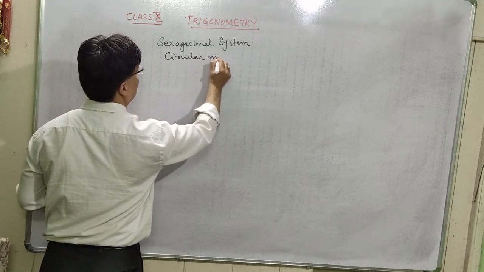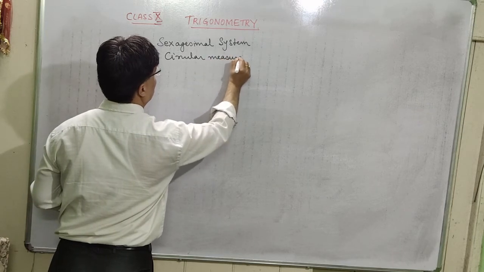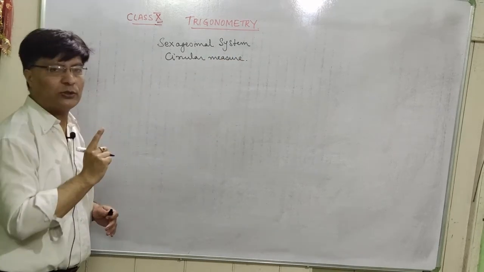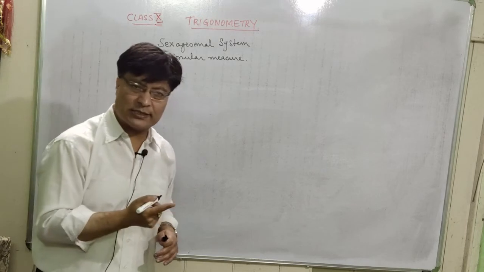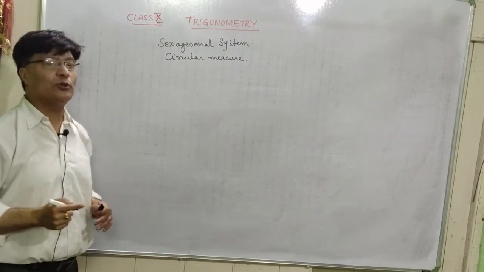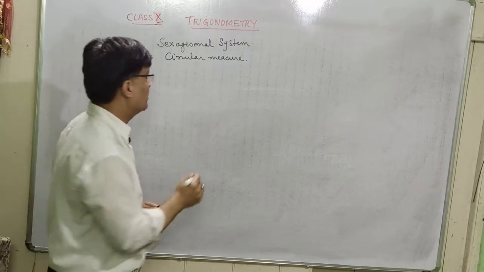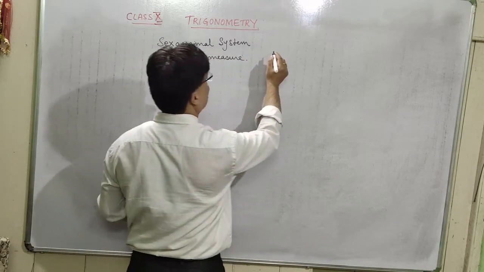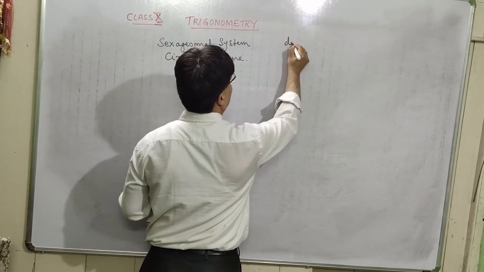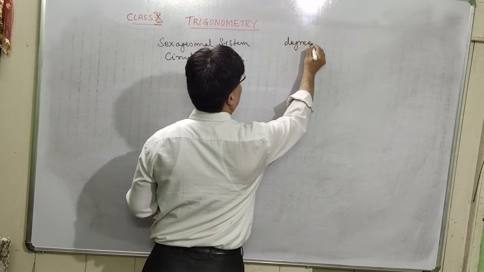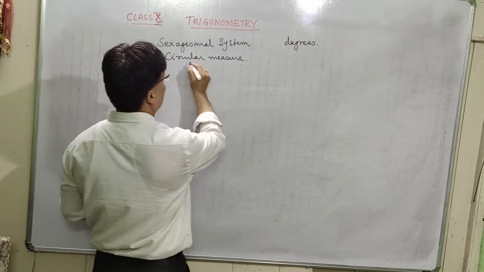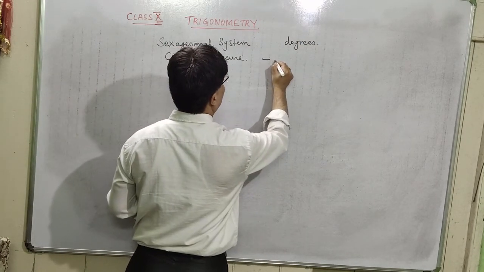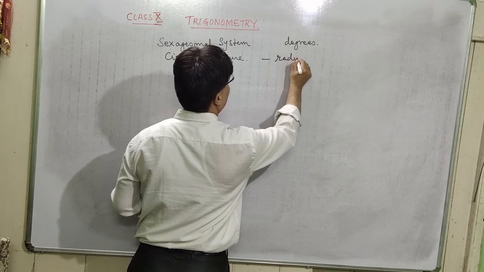Sexagesimal system means in terms of degrees, and circular measure means in terms of radians.